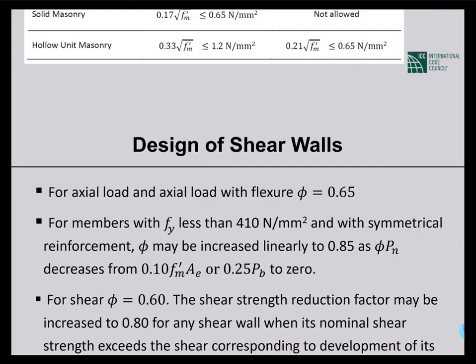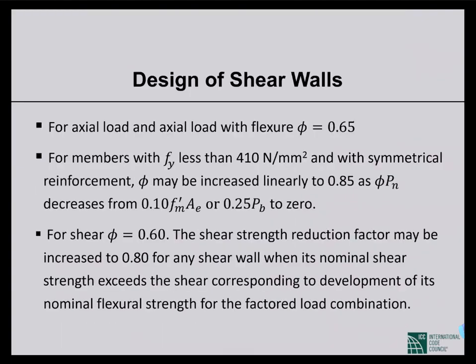And then shear walls. For design of shear walls, the phi values, strength reduction factors. Since we are adopting the strength design method, the strength reduction factors are specified for axial load or axial load with flexure.